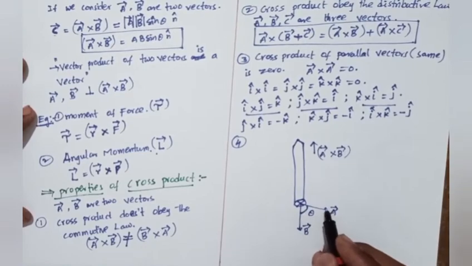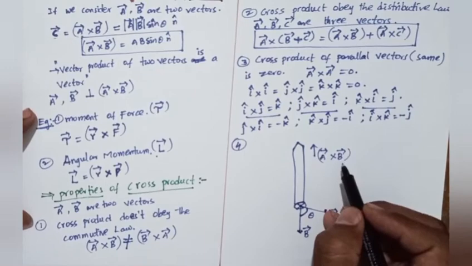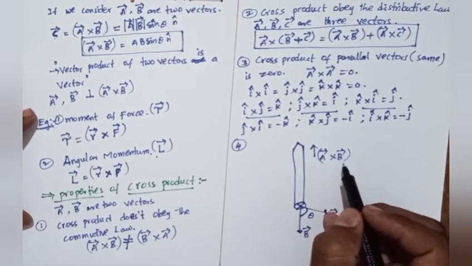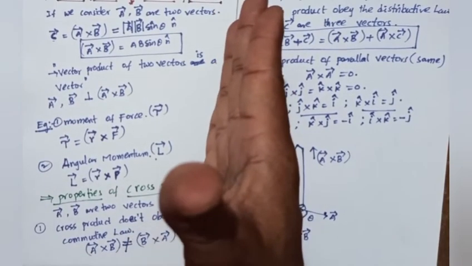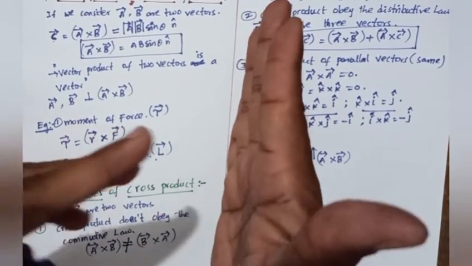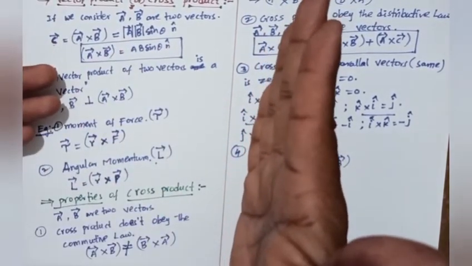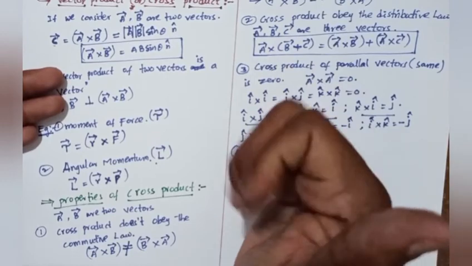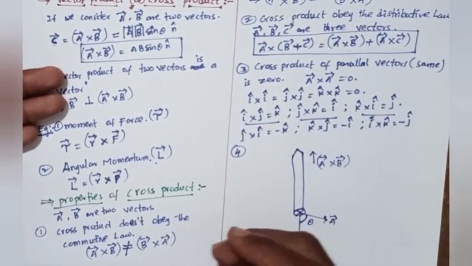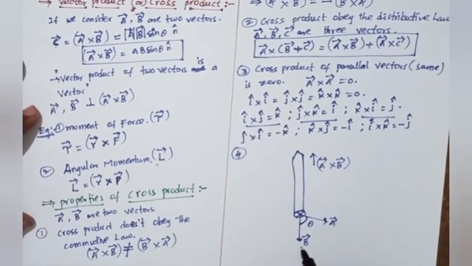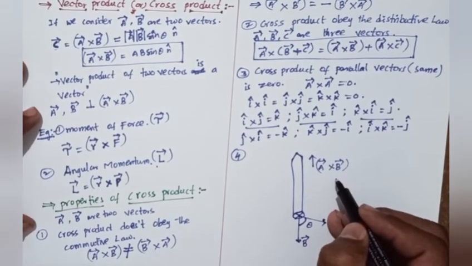The plane of the A vector and B vector is perpendicular to A bar cross B bar. The right hand thumb points along A bar cross B bar, and the four fingers curl from A bar to B bar.